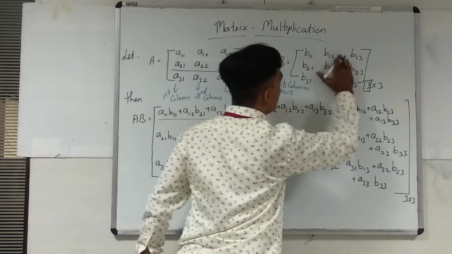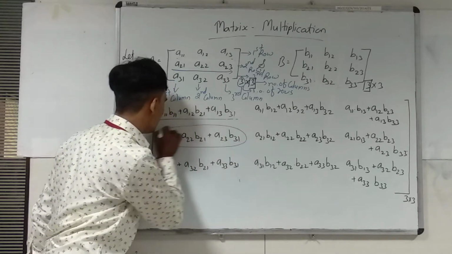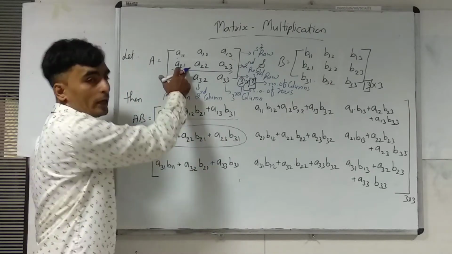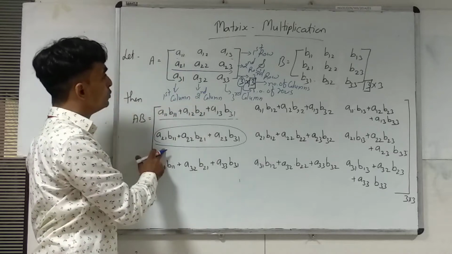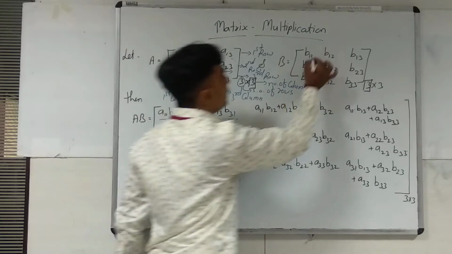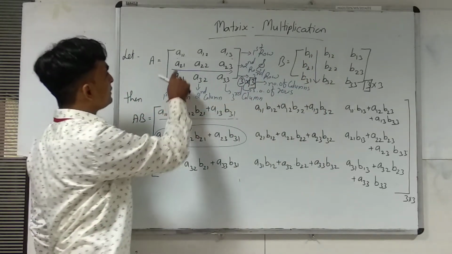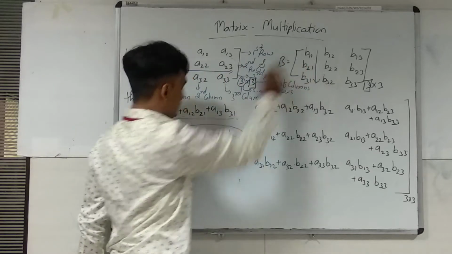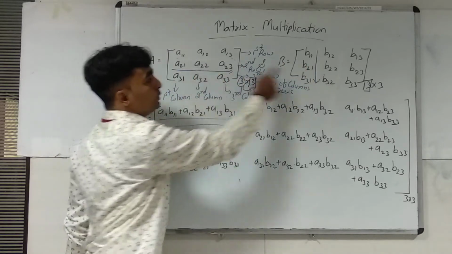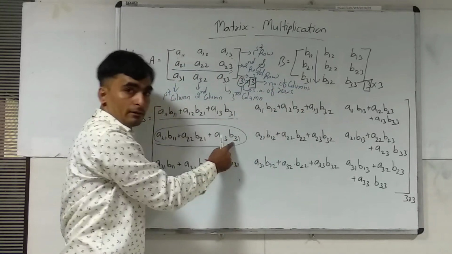Now, second row. The address of this entry in the resulting matrix is second row, first column. So here we take the second row and first column. Element wise multiplication: A21 into B11, A22 B21, A23 B31.